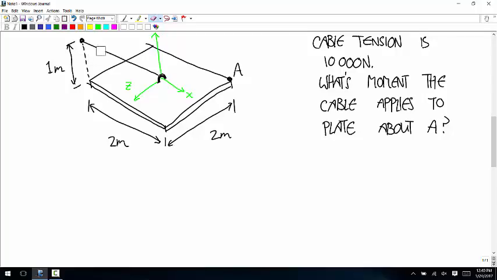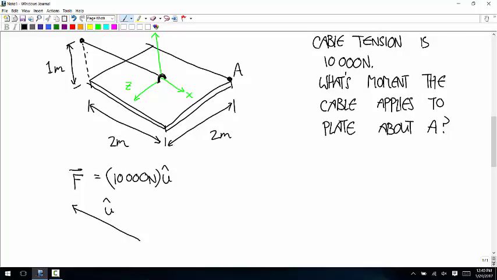So the first thing we have to do is come up with a representation of that force. And that force vector is going to be equal to the magnitude, 10,000 newtons, times a unit vector pointing in that direction from the center to where the cable's connected.